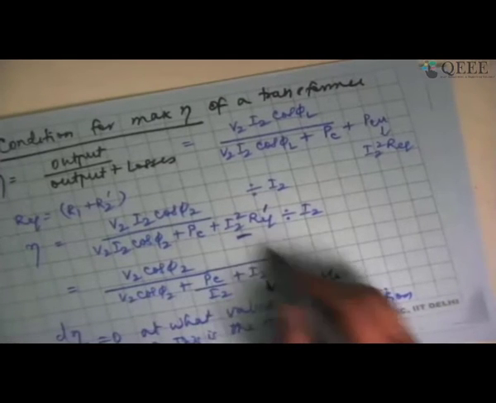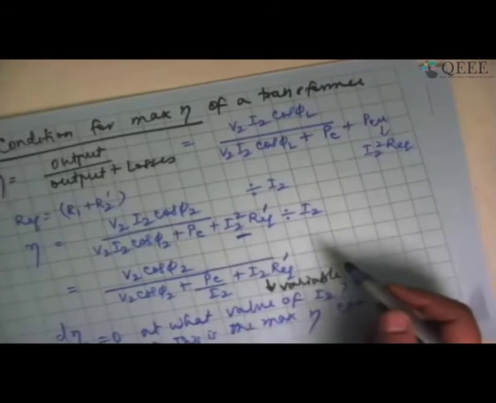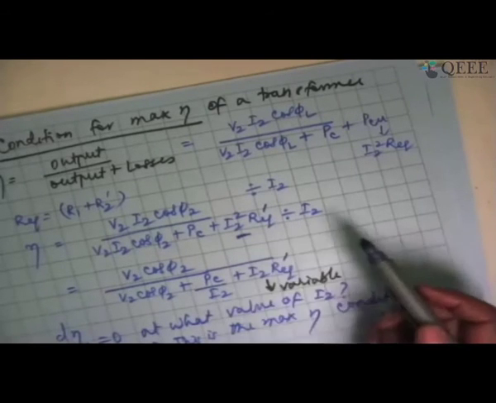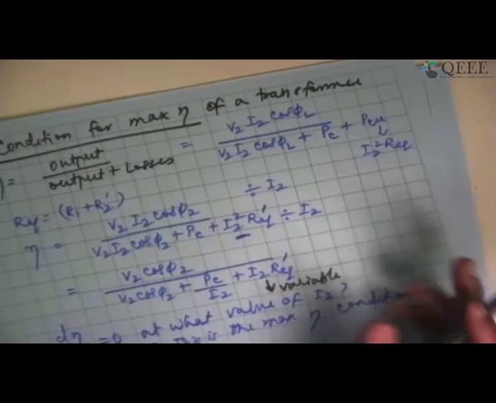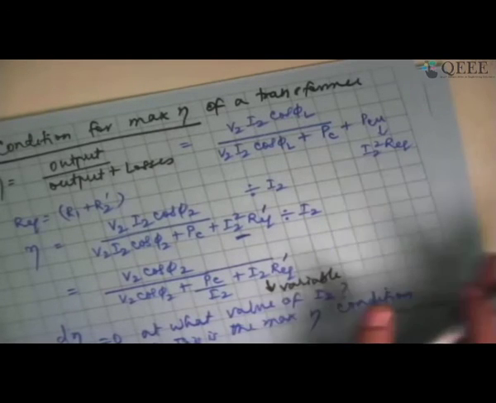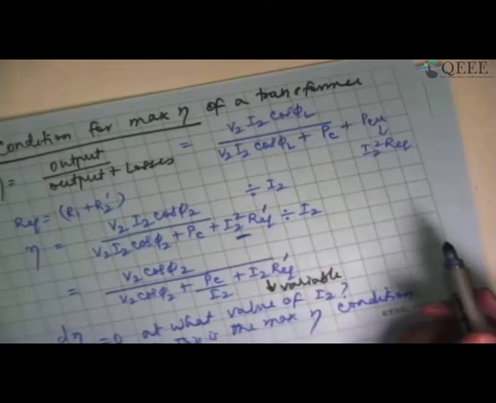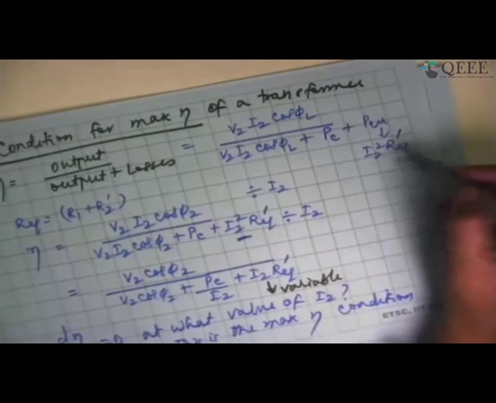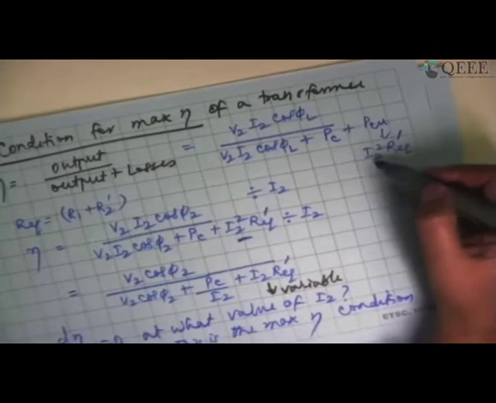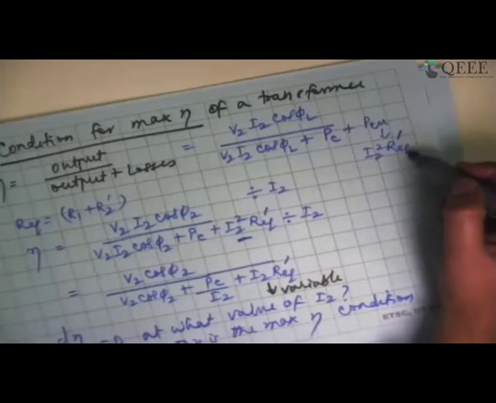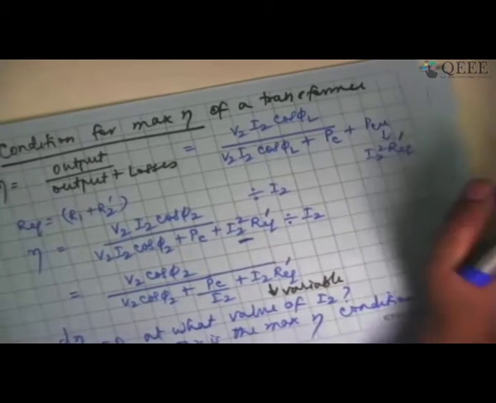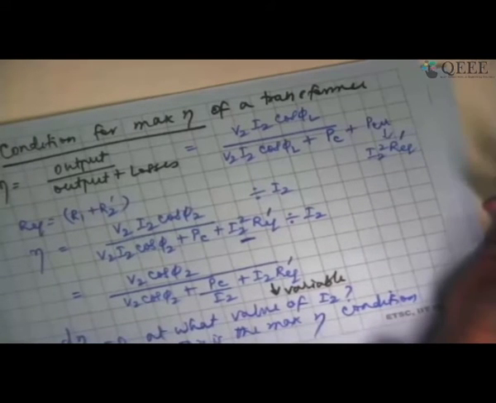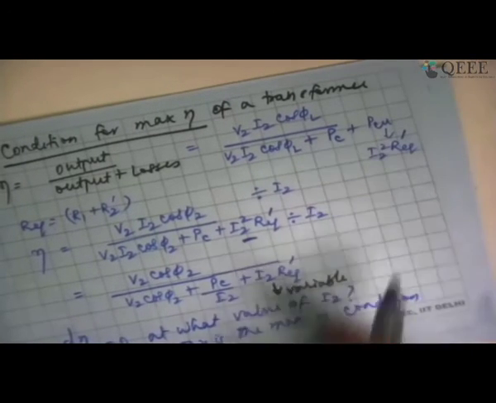Whether we consider R equivalent or R equivalent dash, it is a constant for a given transformer. We have determined it and it is a constant, so it should not matter. If I am taking I2 dash, then I should have taken R equivalent. If I am taking I2, I should have taken R equivalent dash because everything is seen from the secondary side. Either way is fine. Right? Okay, I hope that question is answered.